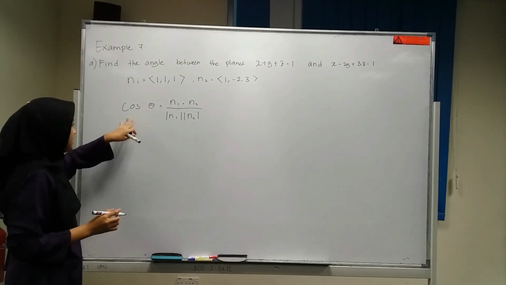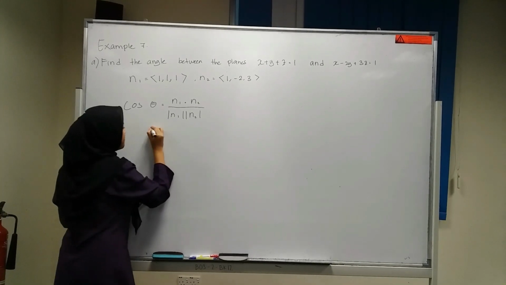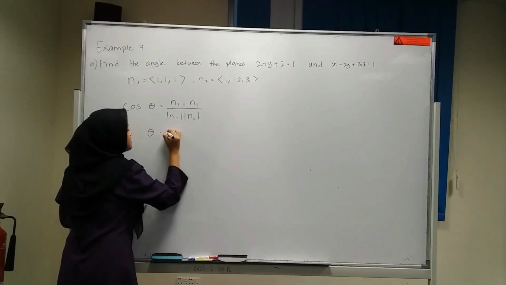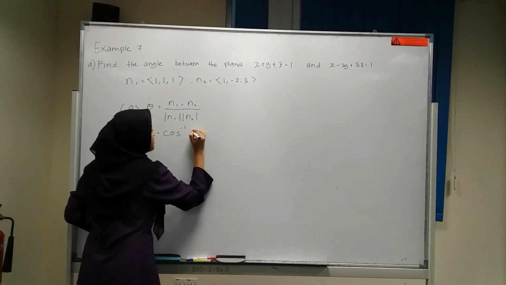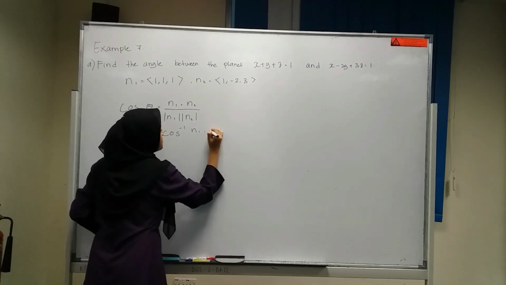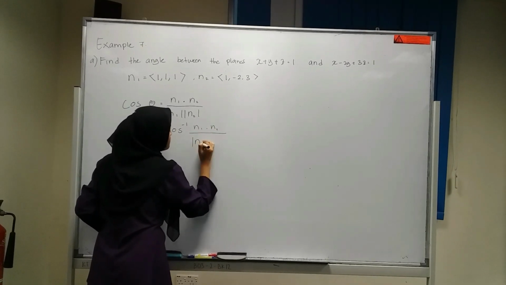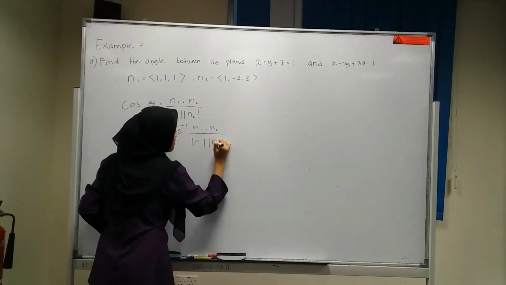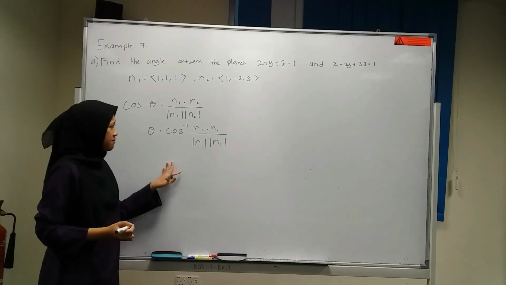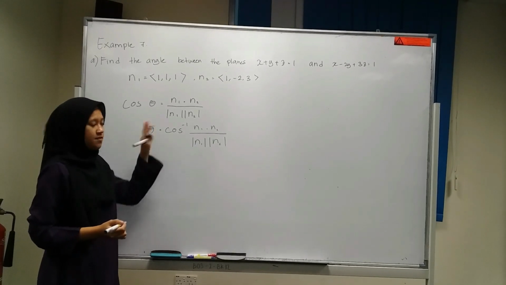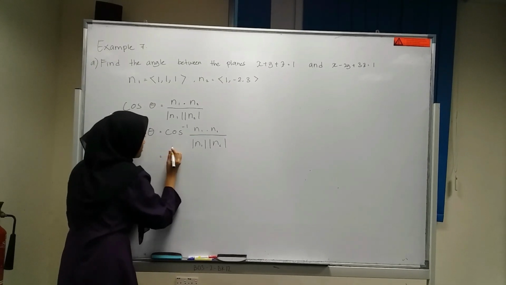We can bring the cos to the other side, and theta is arc cos of normal vector 1 dot normal vector 2 divided by magnitude of normal vector 1 times magnitude of normal vector 2. So we can simply substitute the values of n into the formula.